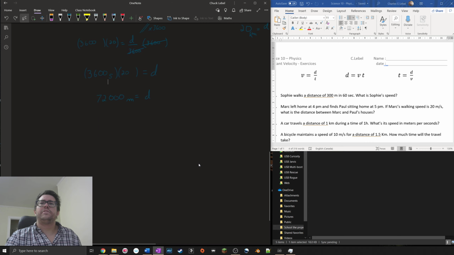So 20 meter divided by seconds. What happens to a second multiplied by a meter divided by a second? So second times meter divided by seconds, or meter times seconds divided by seconds. The seconds cancel out, because a second divided by a second goes away.